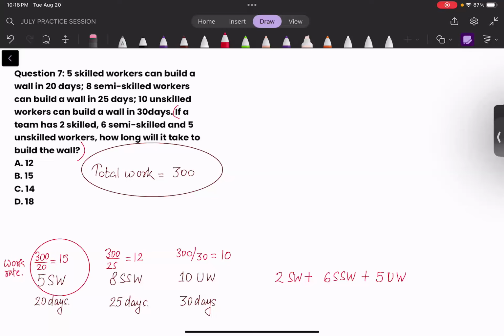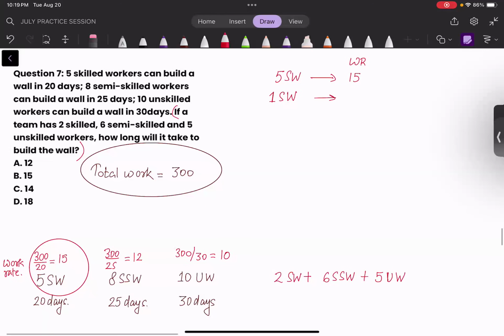5 skilled workers, the work rate of 5 is 15. 5 workers solve 15 questions per day. So one person will solve how many questions per day? 3 questions per day. So one skilled worker will have a work rate of 3.